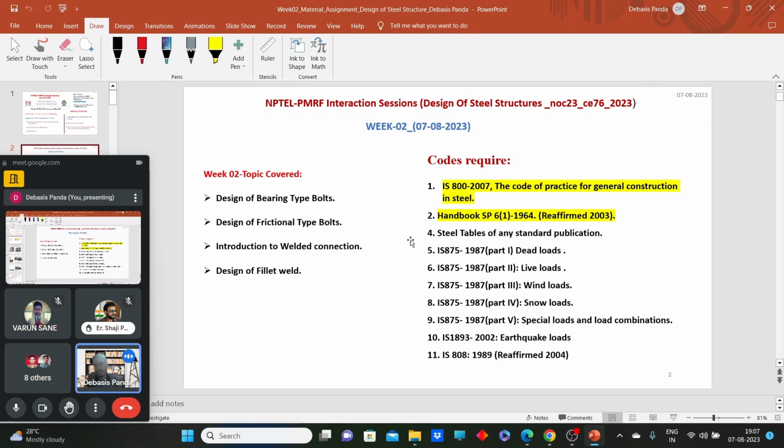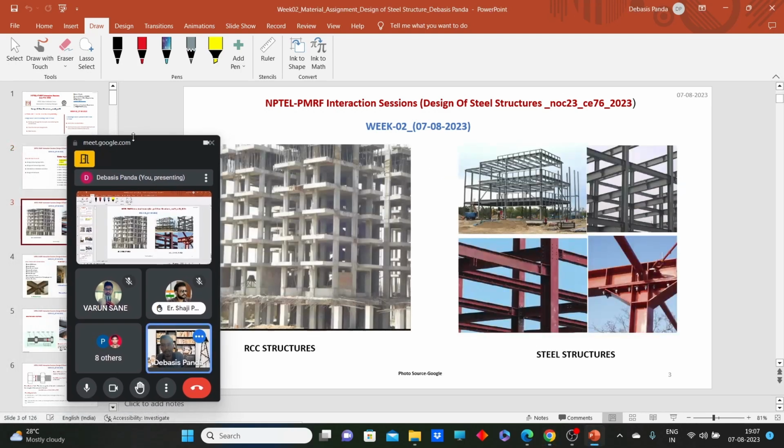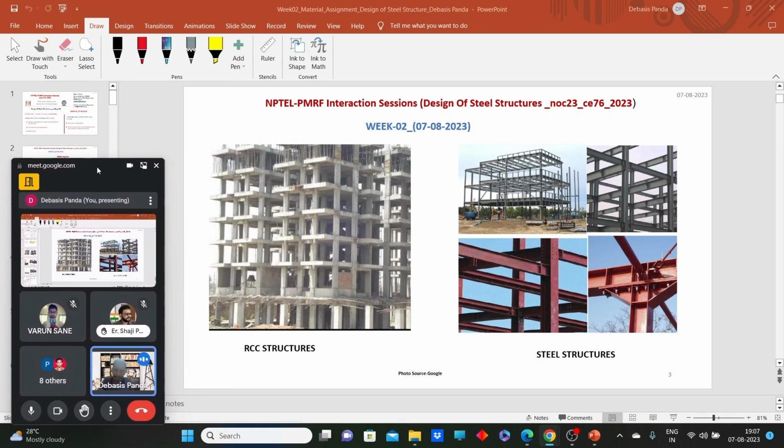The first topic of today is the design of bearing type bolts. Before going to that design part, let me quickly go through some concepts from the previous lecture, as most of you might be new.